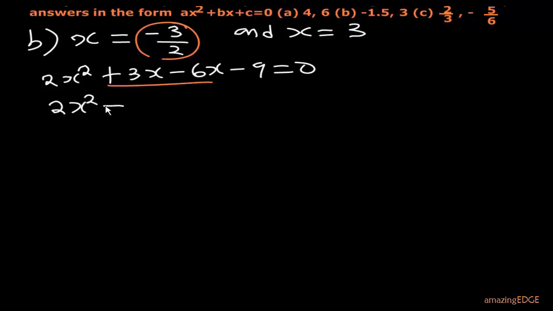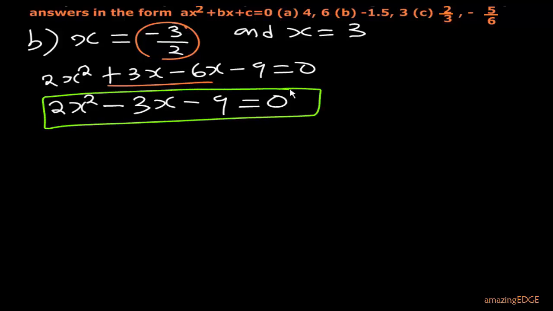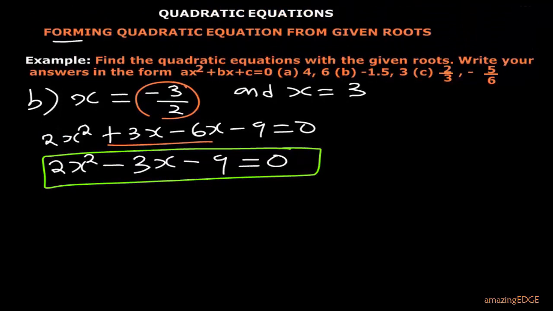That is going to be negative because you are subtracting a big number from a small number. So that will give us minus 3x. Then here gives us minus 9 equals 0. And this is actually the desired quadratic equation. And of course, when you solve this quadratic equation, it will give you two values of x as minus 1.5 and 3. So that's what we have.